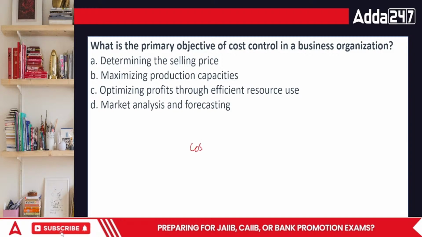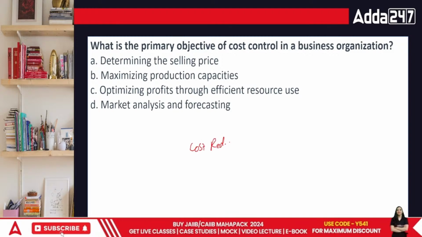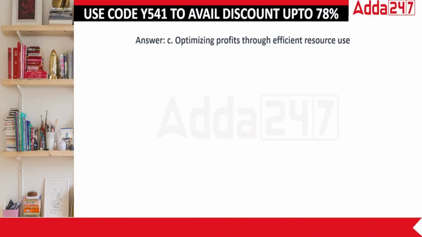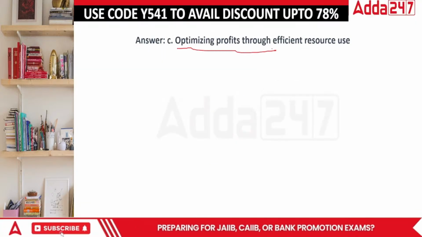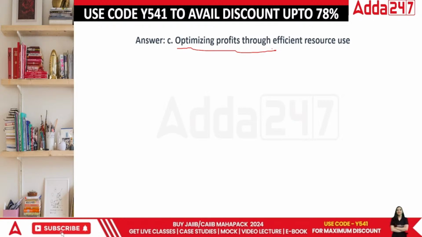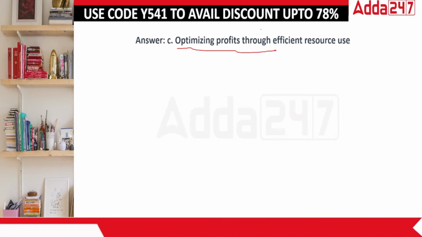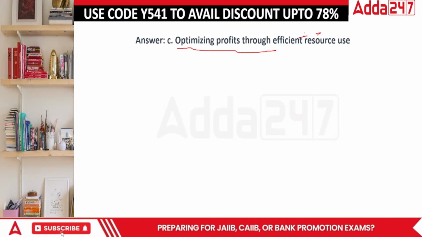Cost reduction means increase in profit. That means we always want to increase our profits. The basic reason behind the working of an organization is actually two things only. If you have seen the financial management basics, I told you in an organization there are two points.